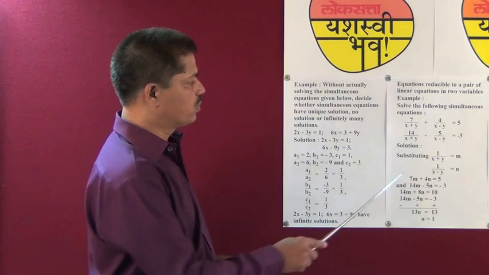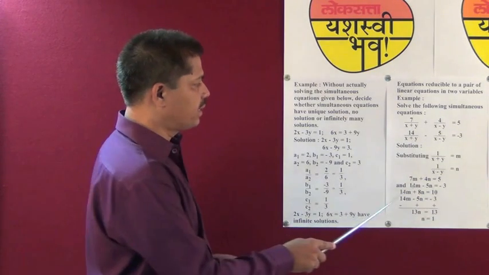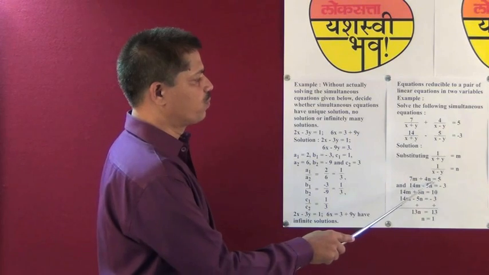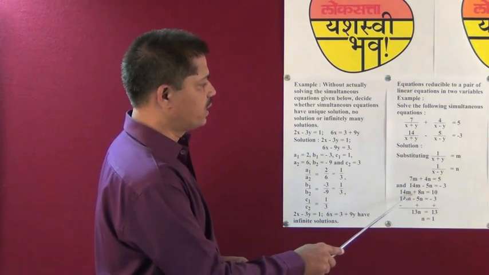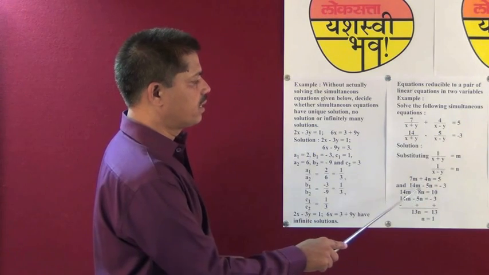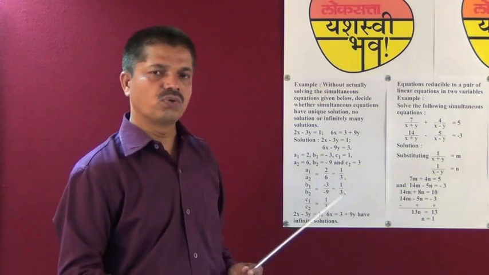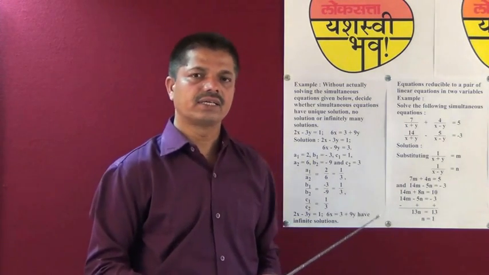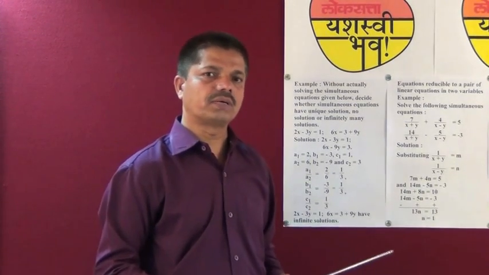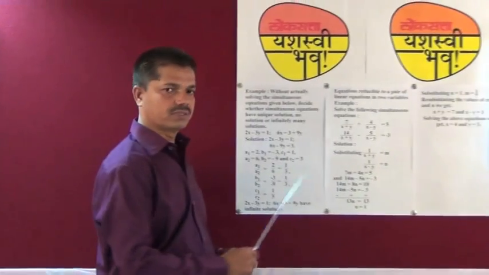Here I am going to make the coefficient of m equal by multiplying the equation 7m plus 4n is equal to 5 by 2. So we get 14m plus 8n is equal to 10 and 14m minus 5n is equal to minus 3. The coefficients of m have the same sign, and therefore we are going to subtract the second equation from the first one.